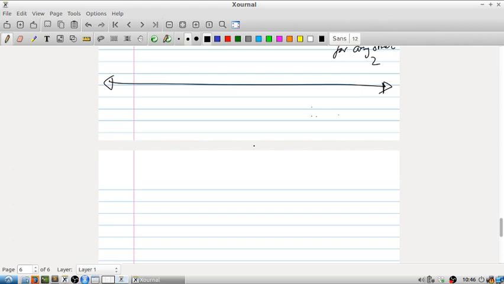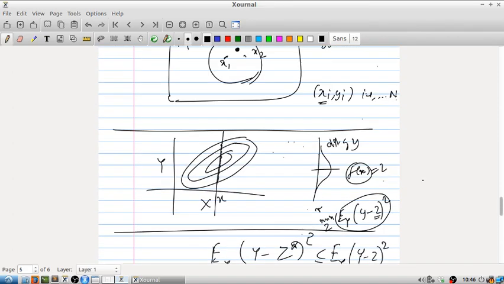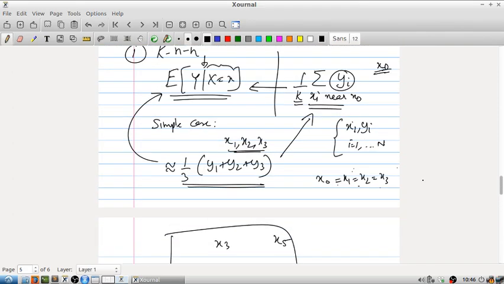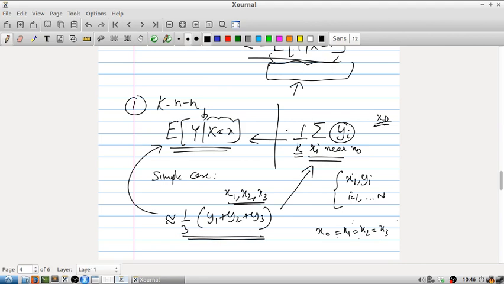So we just saw that the k-nearest neighbor is actually trying to, for every given x naught, which is maybe a test point which is not in your data set, give you a number which is close to this conditional expectation of y given x equal to x.